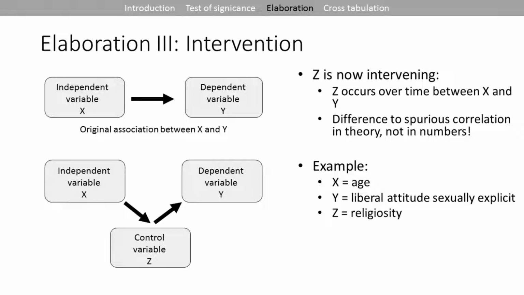Over time, what has changed? It's not just the age, because people will age normally, and the association isn't as simple as that. For example, z as a control variable is how religious people are, and the more religious you are, the more conservative you are, especially in sexual behavior.